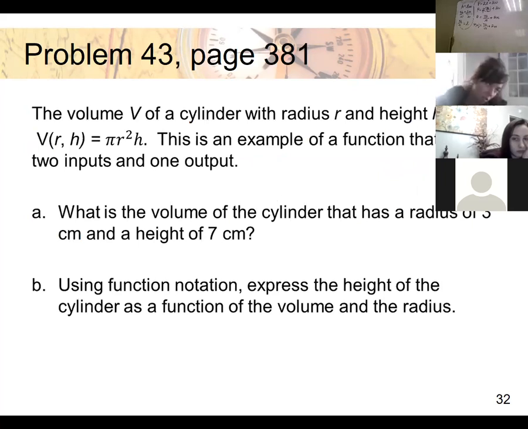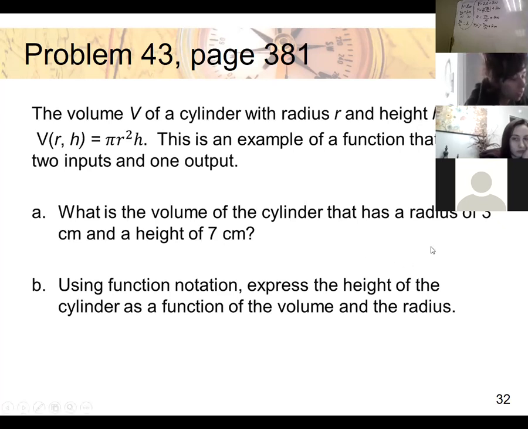All right, here's the next one. The volume of a cylinder with radius R and height H, that formula V of R comma H is equal to pi times the radius squared times the height, or just simply pi r squared times H. This is an example of a function that has 2 inputs and 1 output. In other words, you need to know what the radius is and the height to get the volume.